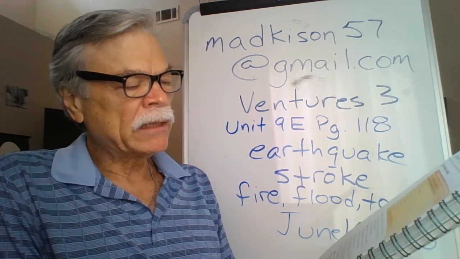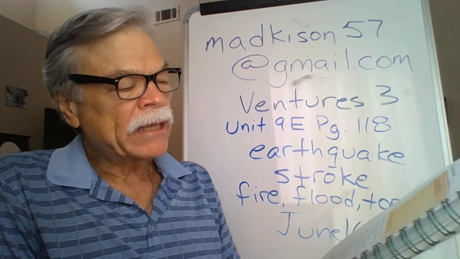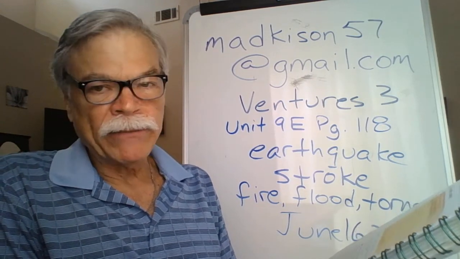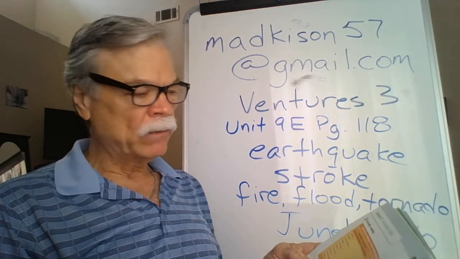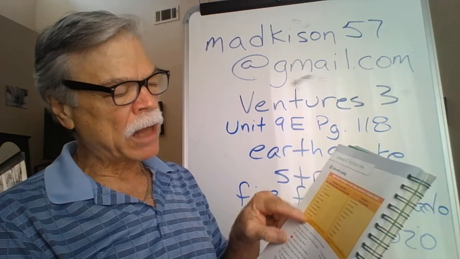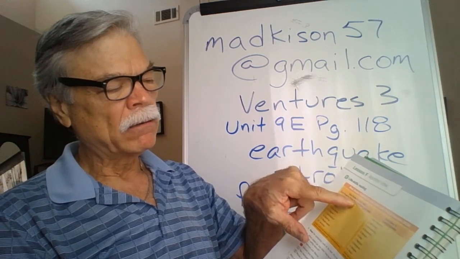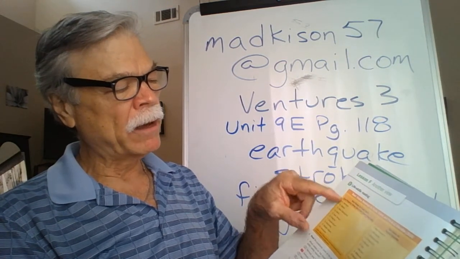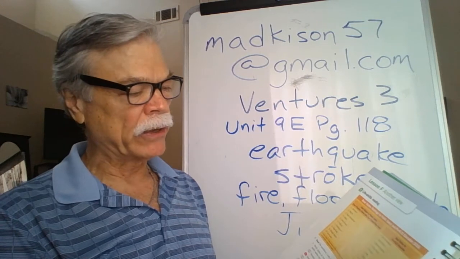The first question says, which states have the highest public safety record? Well, in order to answer that question, we have to look at the column on the left because that shows the rankings of the states as far as public safety is concerned.